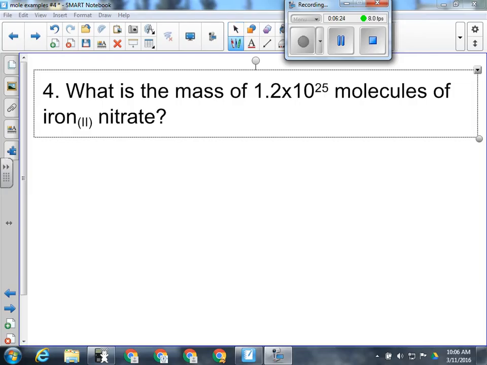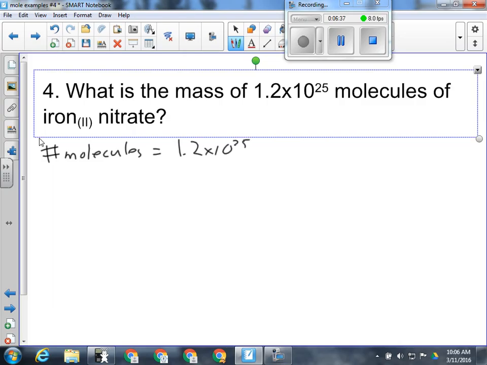This is our 5-mark style question, because it's got the most work to do. They tell us first off the number of molecules, 1.2 times 10 to the 25, and what material it is: iron(II) nitrate. So iron is 2 plus, that's what the Roman numeral tells us, and nitrate is minus 1. When we drop and swap, we require brackets with a 2 outside of the brackets.